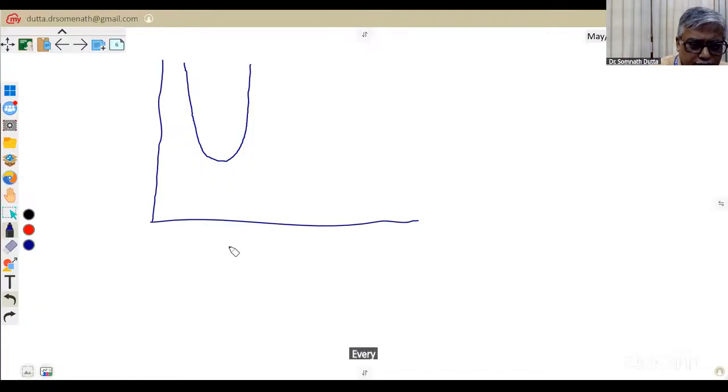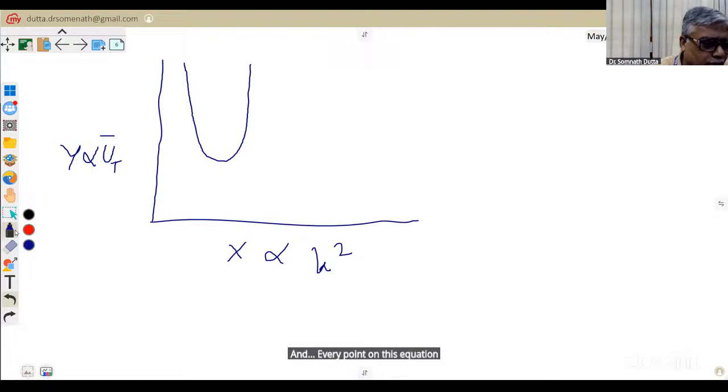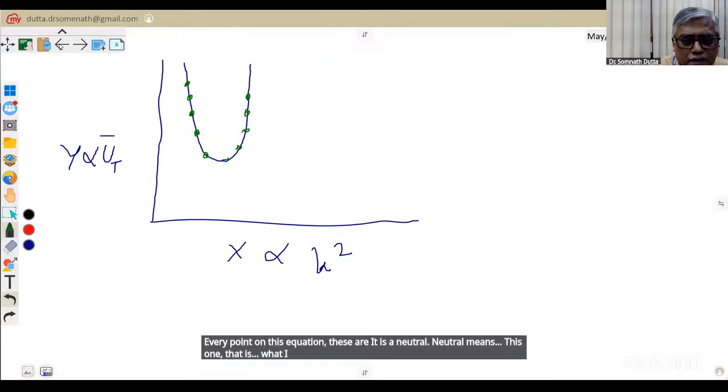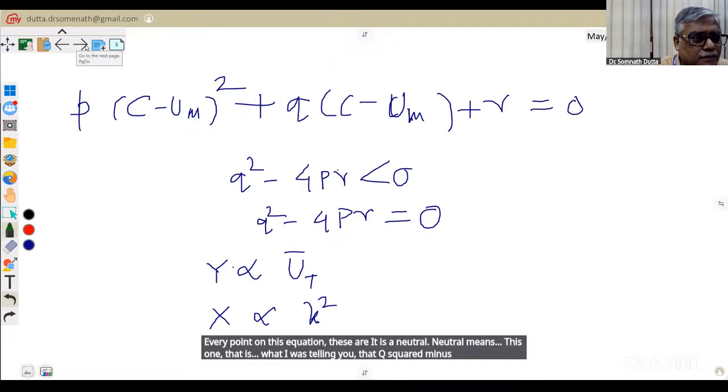This is your x, as I told you, proportional to k square, and this is your y, which is proportional to U_T bar. Every point on this curve is neutral. Neutral means what I was telling you, that q square minus 4pr is equal to 0.